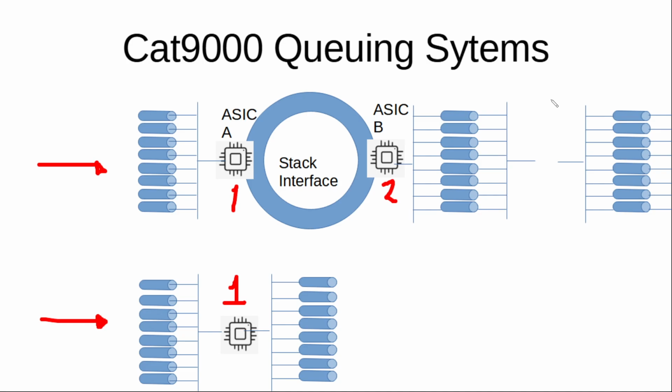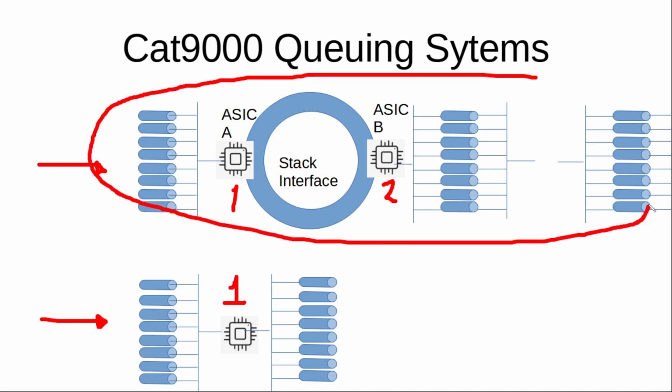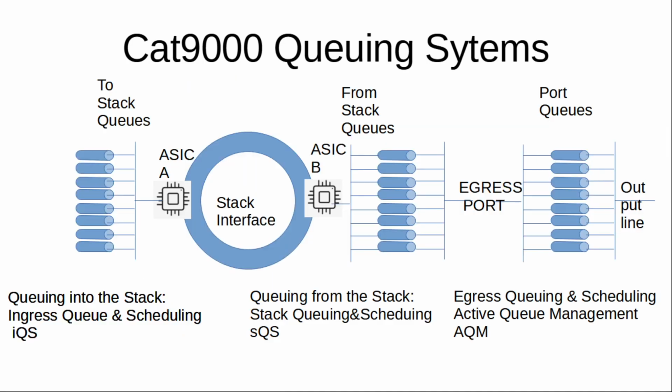So I'm going to focus on this process that happens when your incoming packet has to be processed by two different ASICs in order to talk about all the queuing subsystems within the Catalyst 9000.